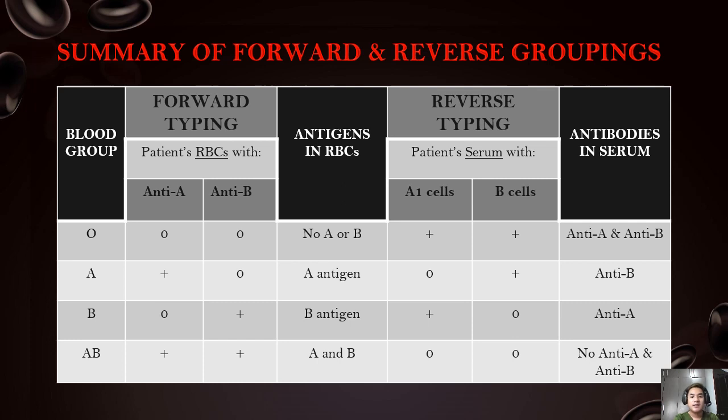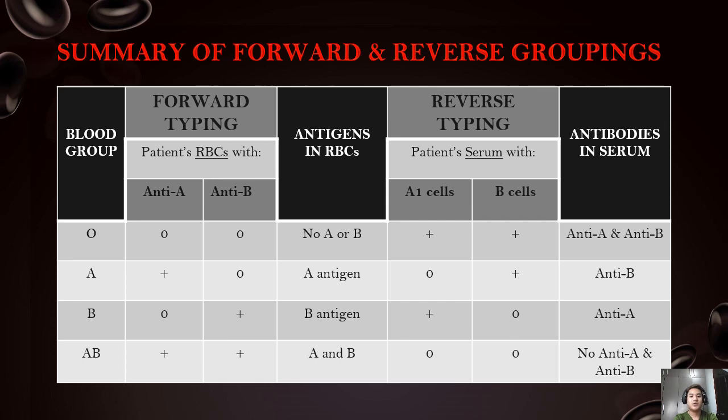So, okay, this is the complete summary of the reactivity of each of the blood groups to different reagents and red cell suspensions utilized during ABO forward typing and ABO reverse or serum typing respectively.